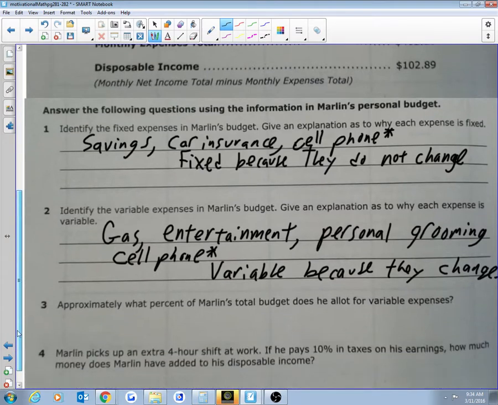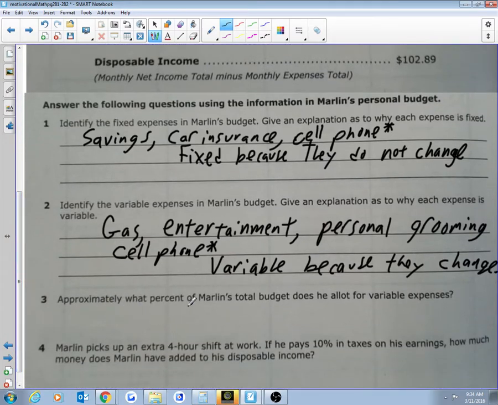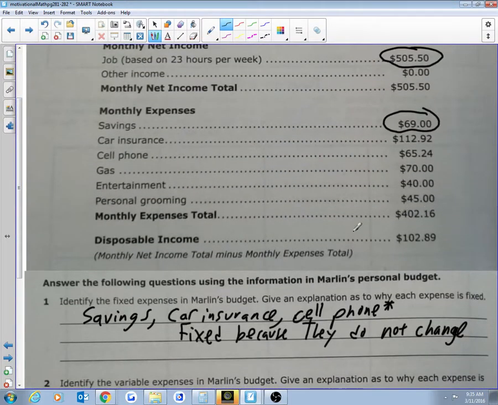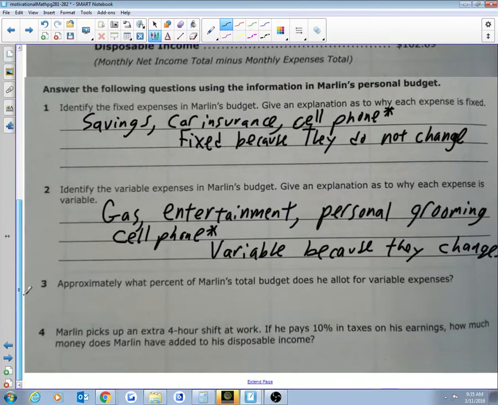Now, number 3, approximately what percent of Marlon's total budget does he allot for variable expenses? Okay, so his total budget here, they tell us, is $402.16. That's his total budget.